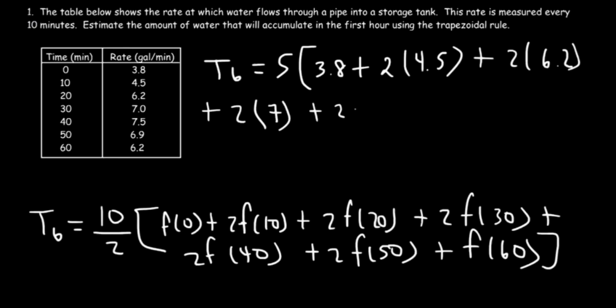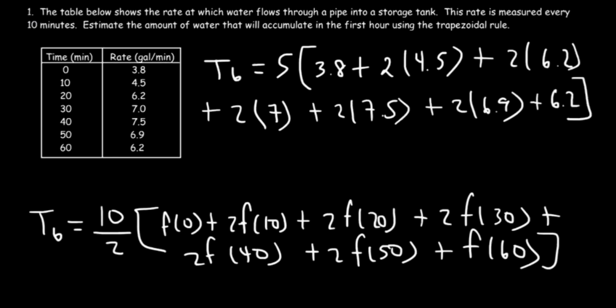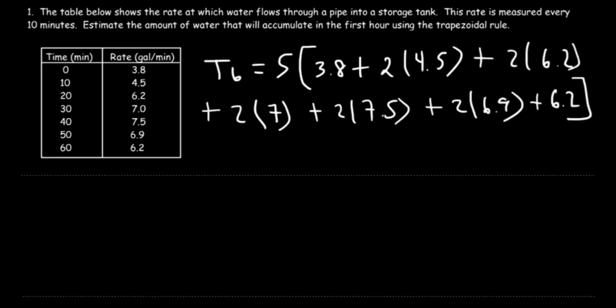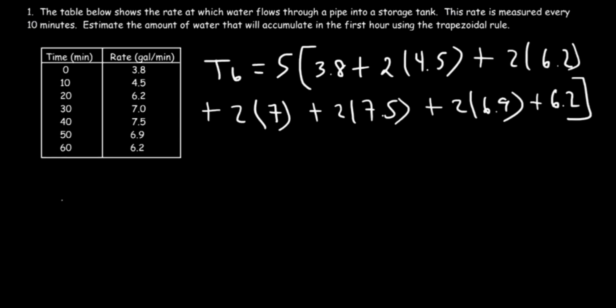Now this is going to be 2 times f of 10, so at 10 the rate is 4.5, and then for f of 20 the rate is 6.2, and then at 30 the rate is 7, and at 40 the rate is 7.5, at 50 it's 6.9, and then at 60 it's simply 6.2.